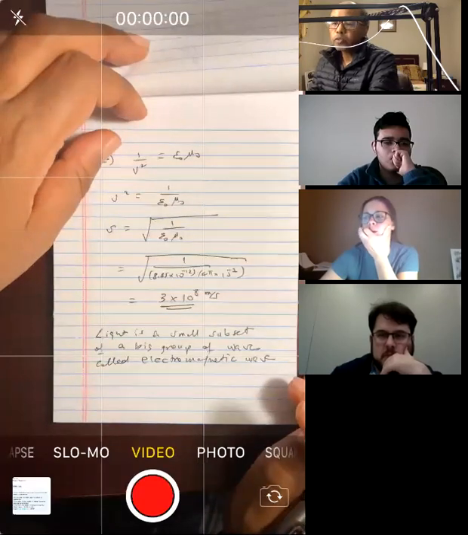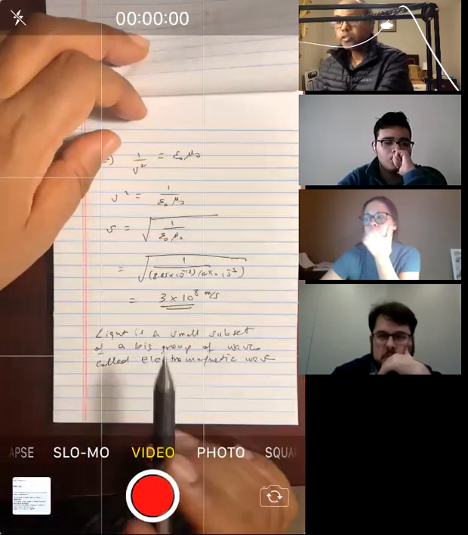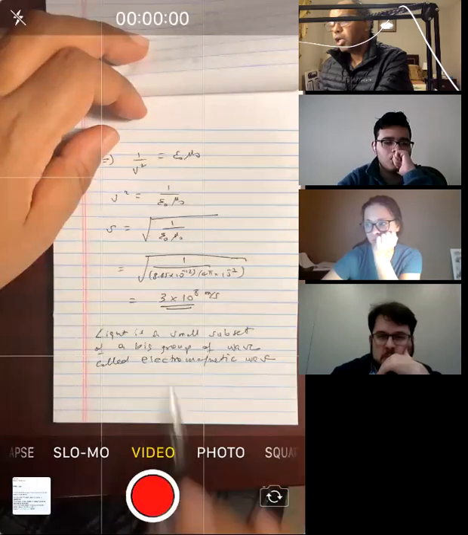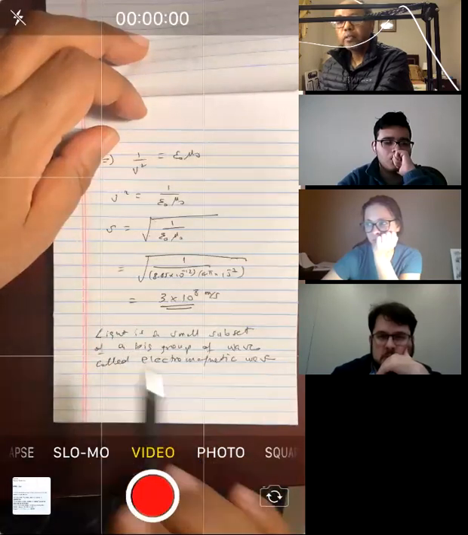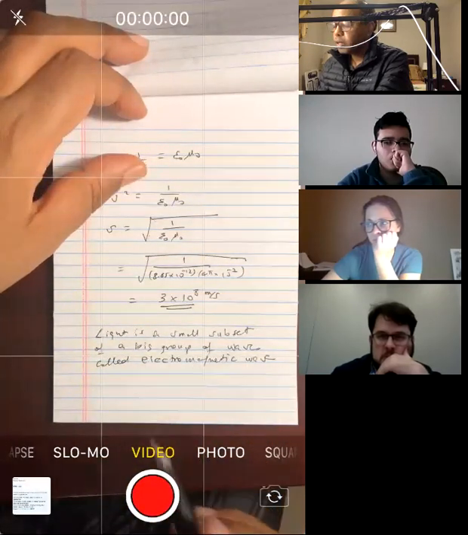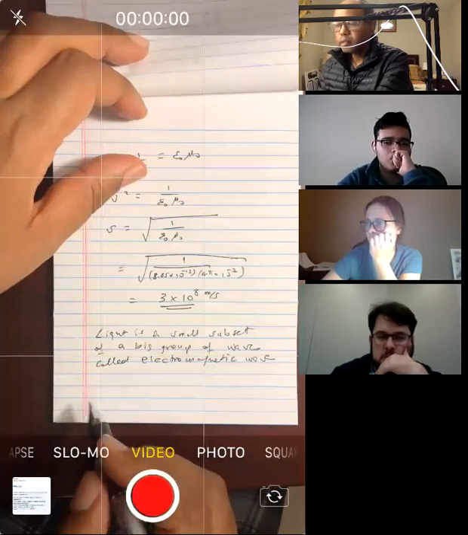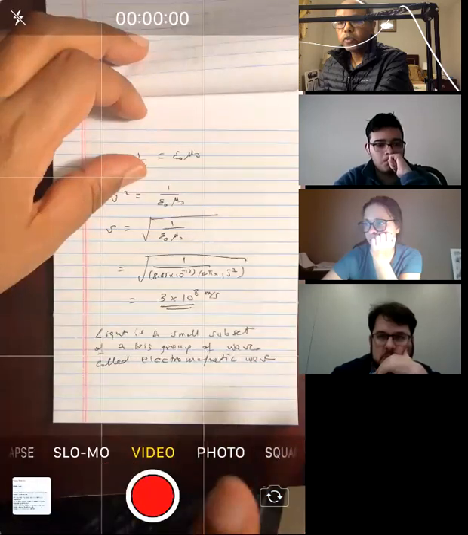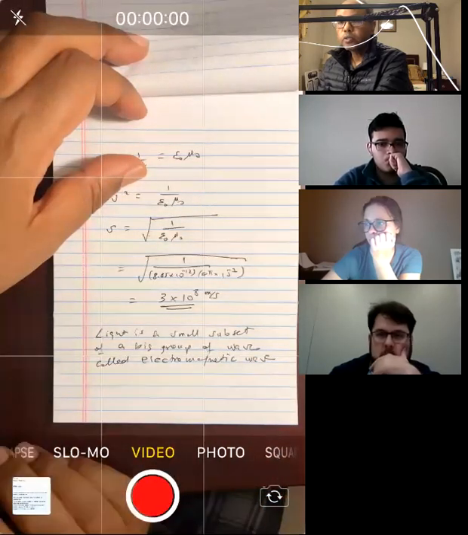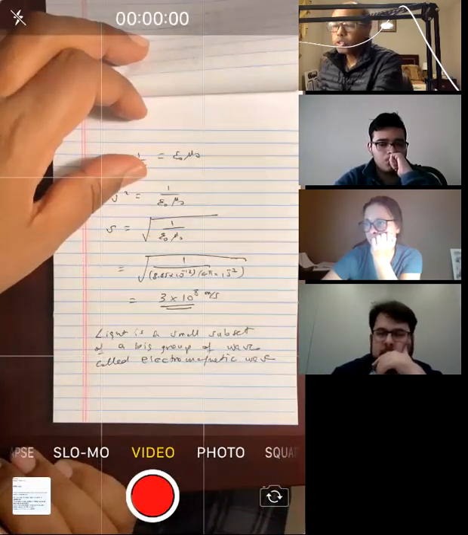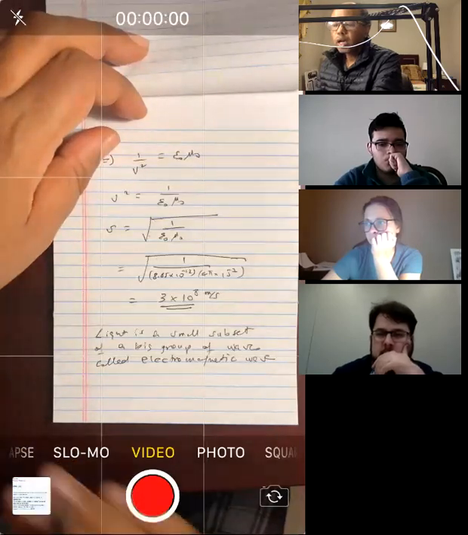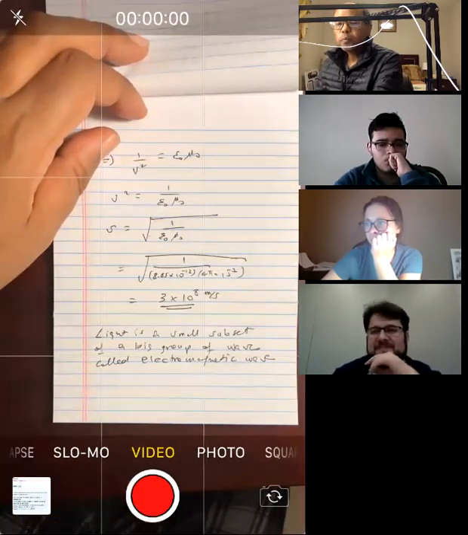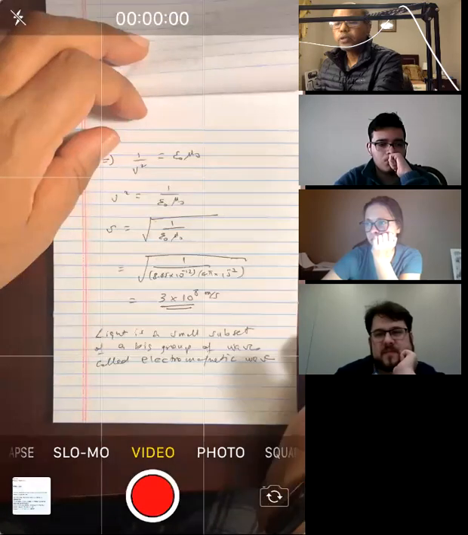Otherwise, there's nothing special about it. The only difference between other electromagnetic waves and light is only the wavelengths. It just happened that the wavelengths we can detect are between the wavelengths of blue and the wavelengths of red, which goes from 400 nanometers to 700 nanometers. So there's nothing special about light. It's just an electromagnetic wave which happens to be something we can detect with our eyes.